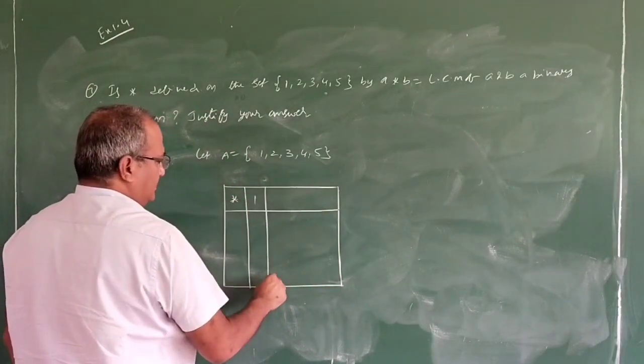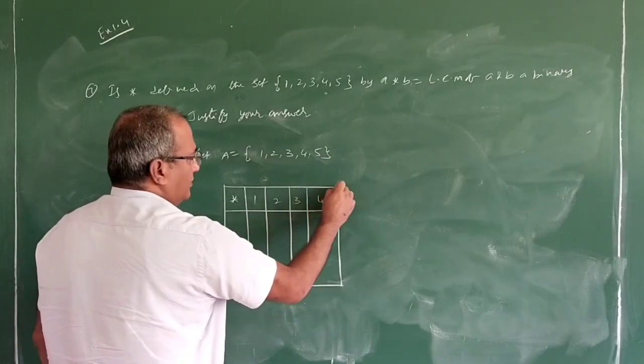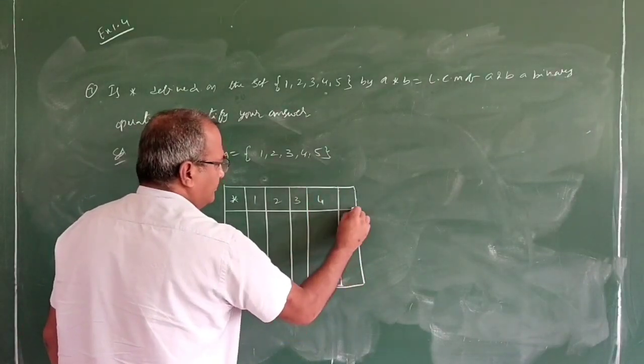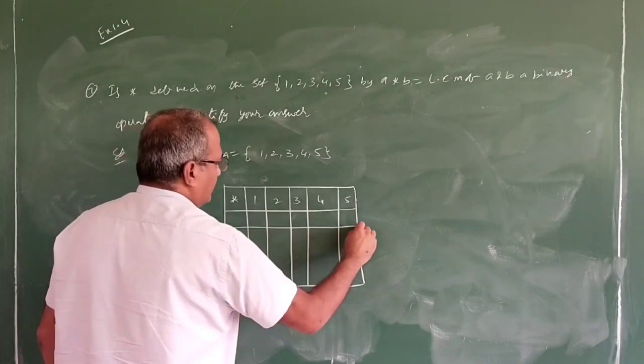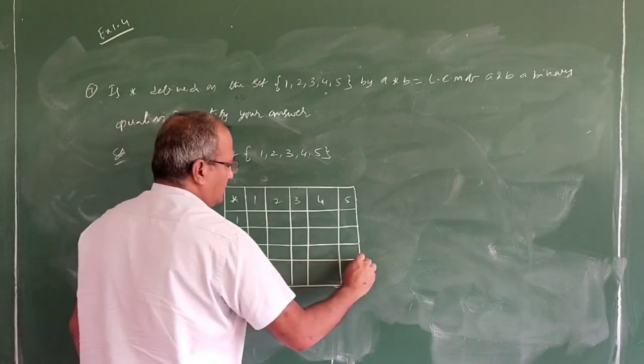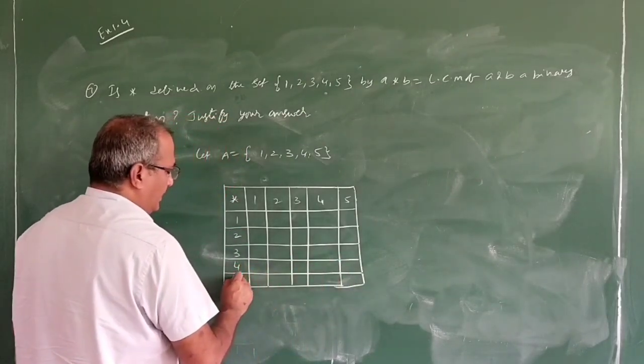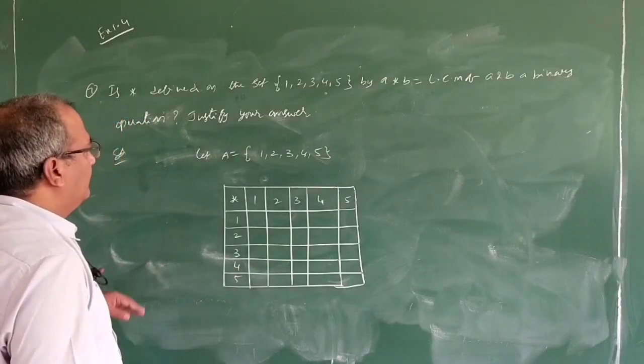With rows and columns 1, 2, 3, 4, 5, what is star given?